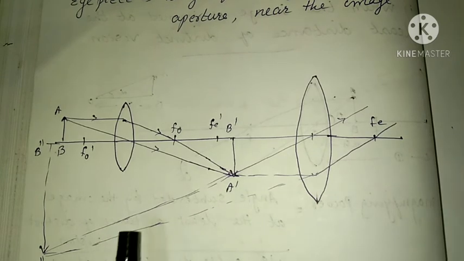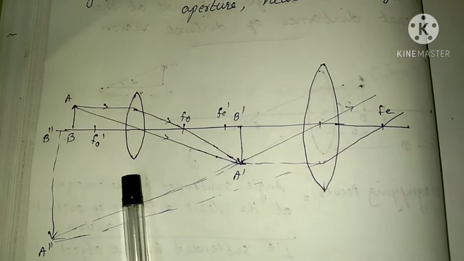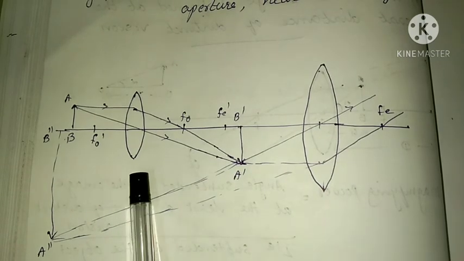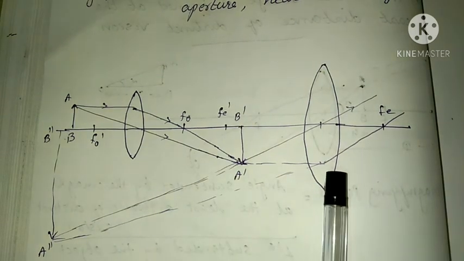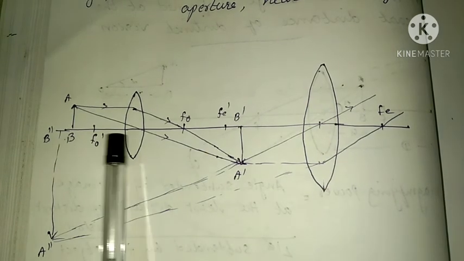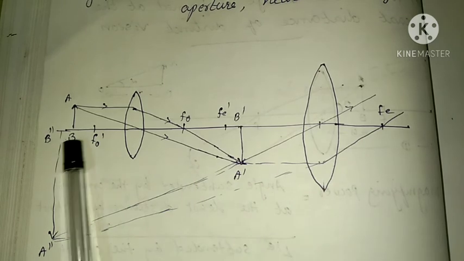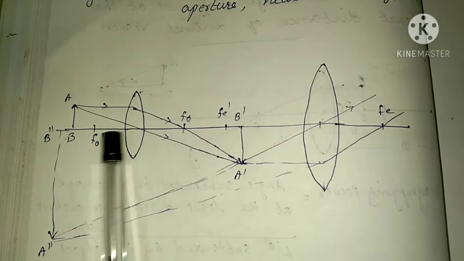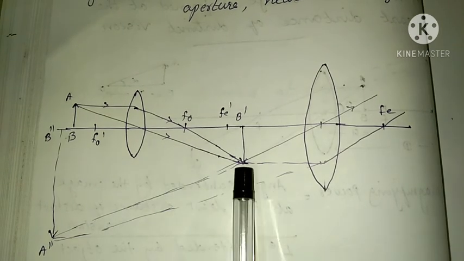Once again, the compound microscope consists of an objective of small aperture and small focal length, and an eyepiece of large aperture and large focal length. We should place the object beyond the focus of the objective, and then the image is formed beyond the focus.